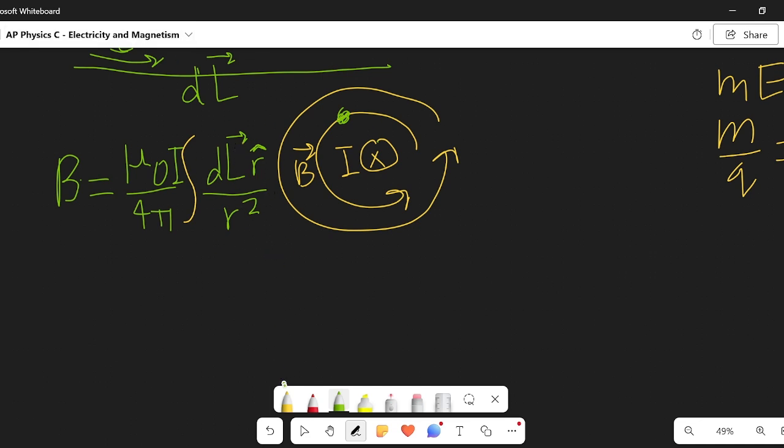If we take the integral of this, it's going to become B equals the same stuff that we had up here, mu naught I over 4 pi, but now we take the integral, so we multiply by 2 over r.